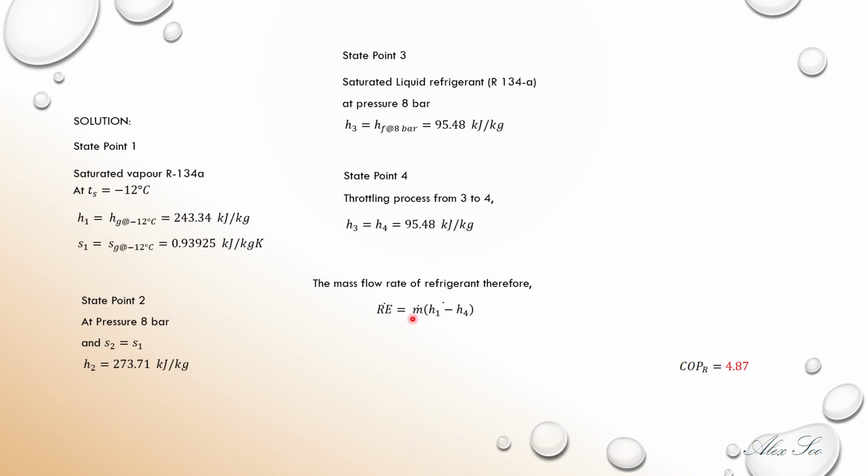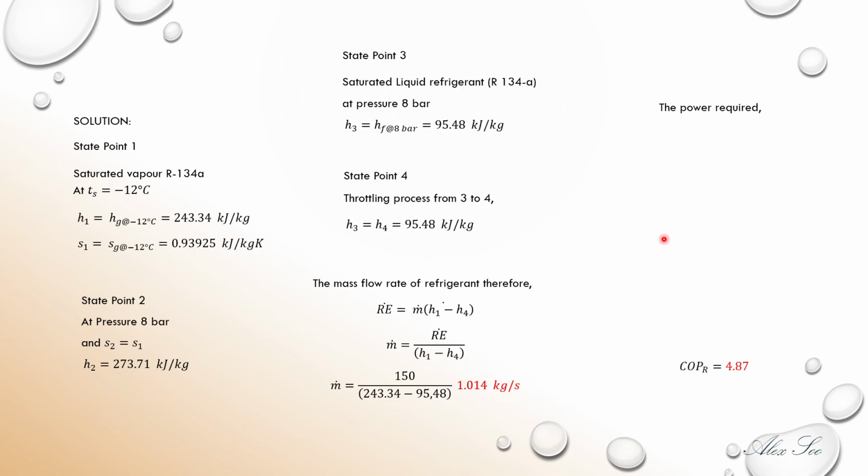Point 4 is the inlet and point 1 is the exit of the evaporator. The RE is given in the question as 150 kilowatts, and these enthalpy values are in kilojoules per kg. So you get a mass flow rate of 1.014 kg per second.